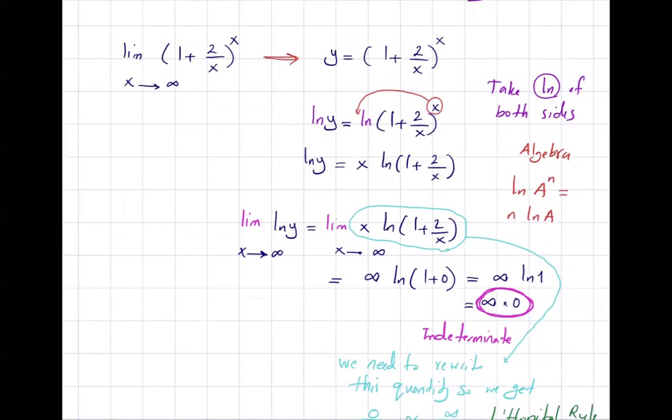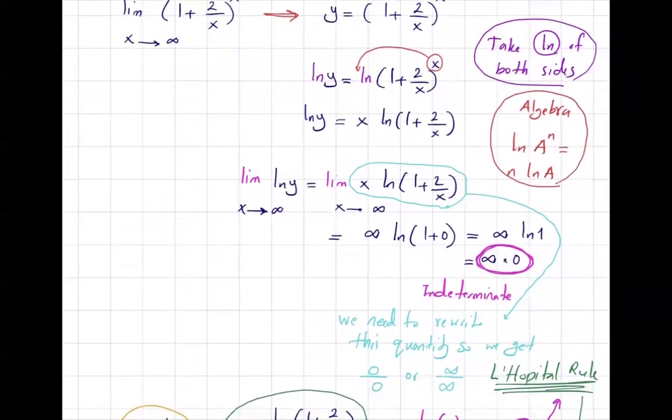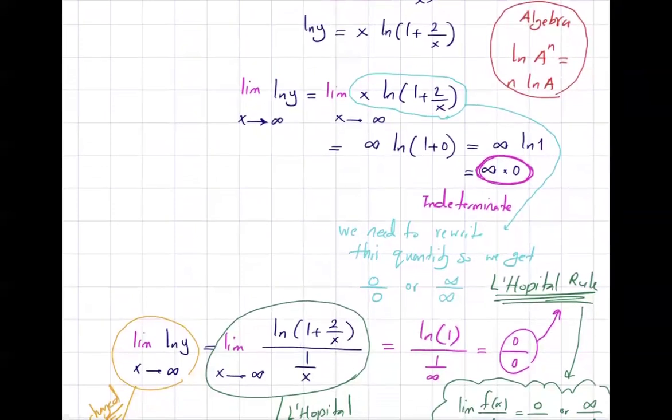We took the ln of both sides. ln of y is equal to ln of 1 plus 2 over x to power x. We used algebra to write the exponent in front of ln, and then we took this x and wrote it in the denominator as 1 over x.